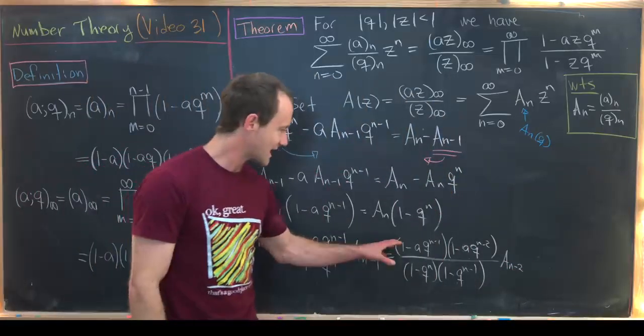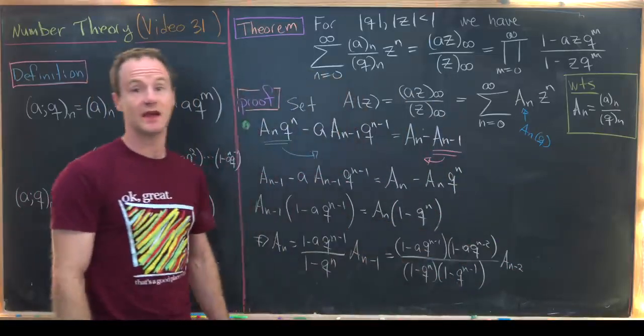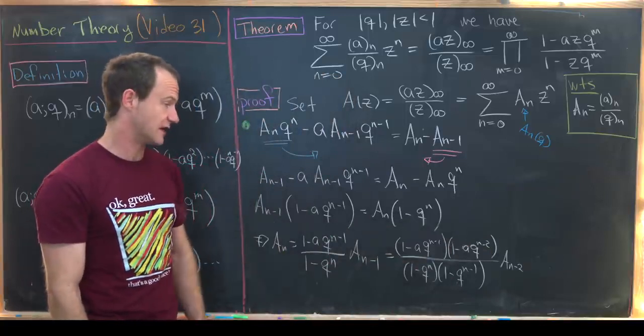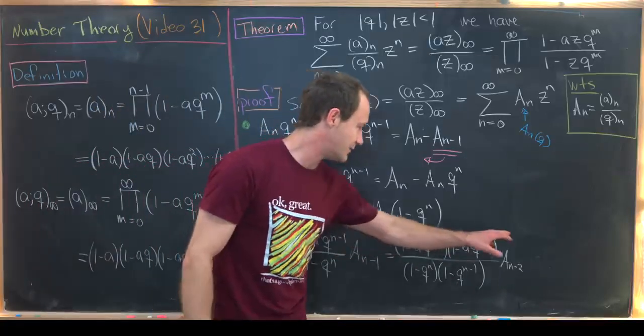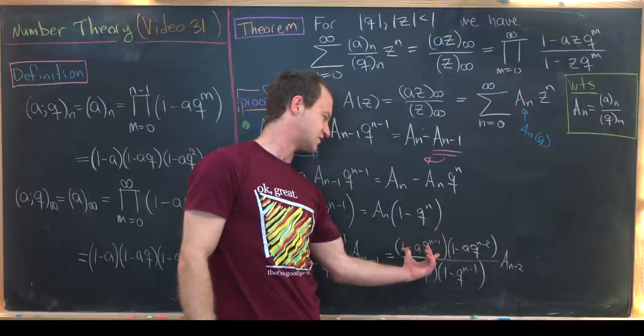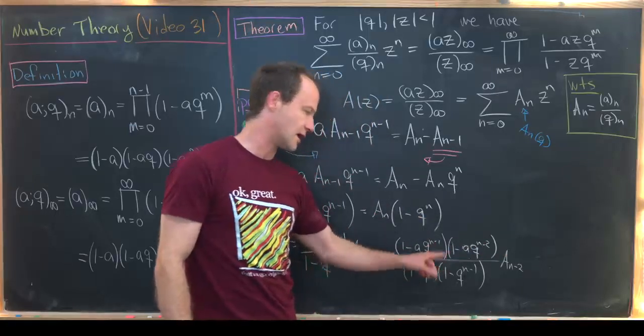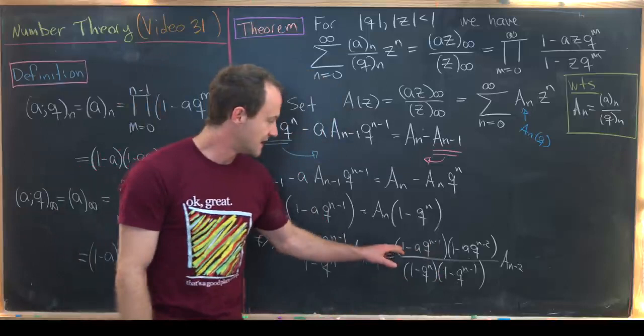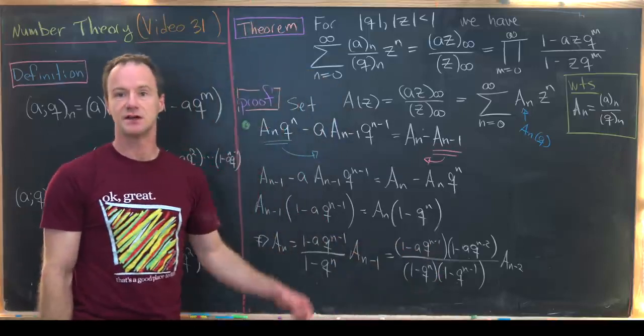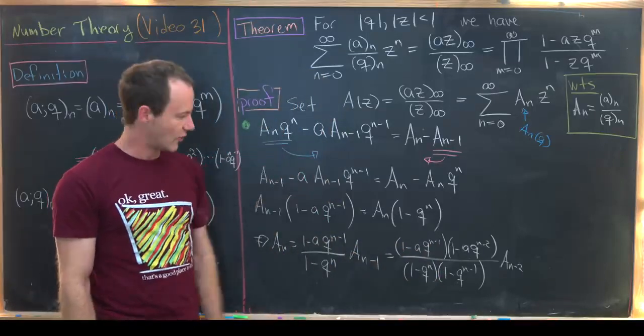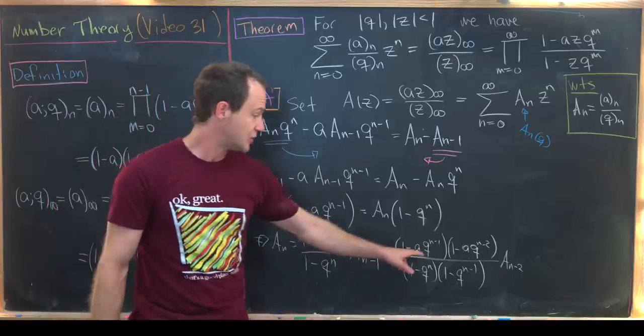But now notice what we're going to have is this falling product in the numerator and the denominator. Each time we pick up a term that looks almost exactly the same with one lower exponent of q. That's happening upstairs and downstairs. But that's going to extend all the way until we have a q to the 0 power here.